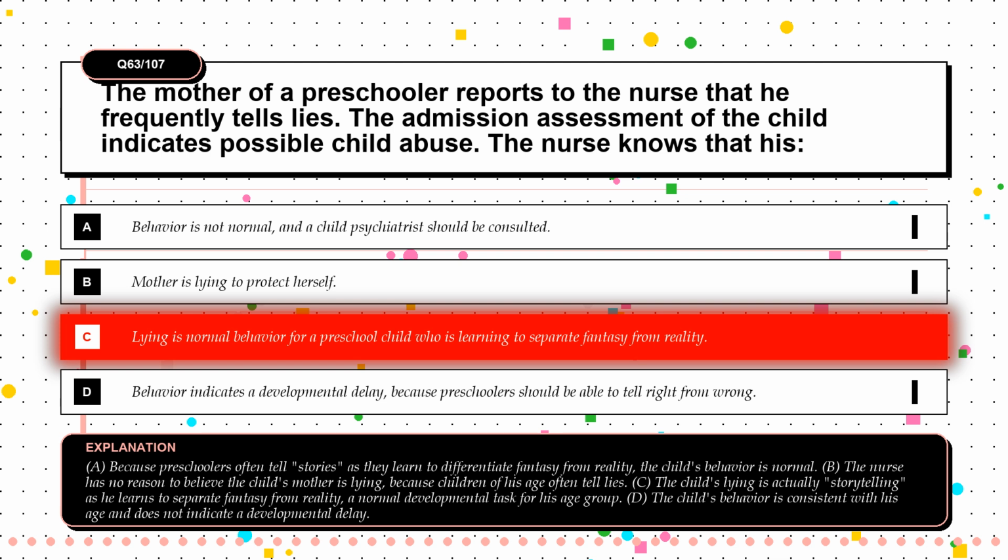B. The nurse has no reason to believe the child's mother is lying, because children of his age often tell lies. C. The child's lying is actually storytelling as he learns to separate fantasy from reality, a normal developmental task for his age group. D. The child's behavior is consistent with his age and does not indicate a developmental delay.